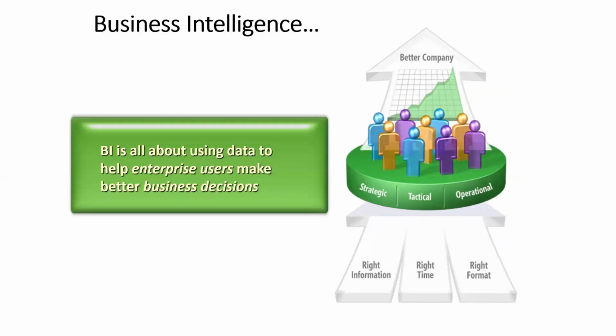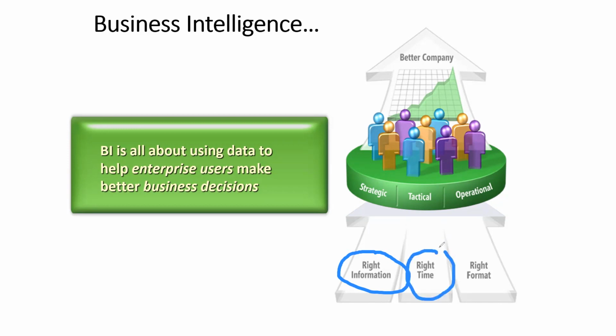For them, the data needs to be provided, but in what format? The whole business intelligence process is based on three important factors, as you can see on my screen. We need to provide the right information, which means very clean, neatly designed, and effectively presented.